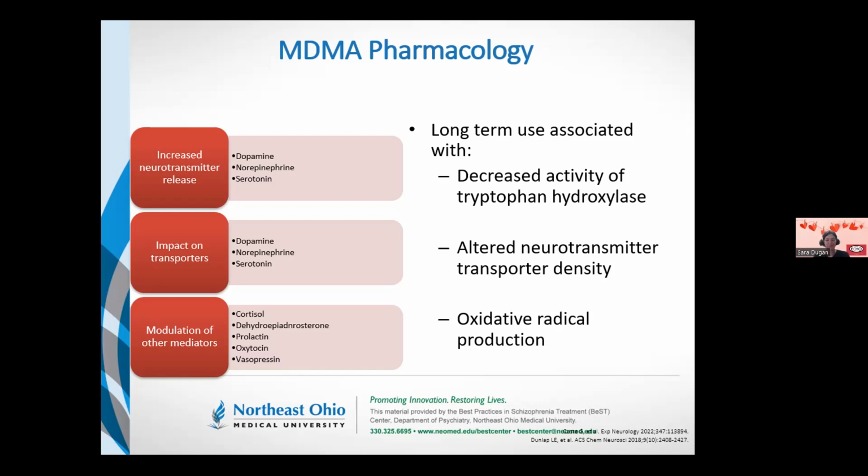Because dopamine, norepinephrine, and serotonin are involved in so many different things, they've looked at other mediators. So what else are we seeing kind of down the line? And they found changes in cortisol levels, prolactin, oxytocin, vasopressin, a whole bunch of different agents. So that DHEA, they actually think that may be involved in the euphoria.